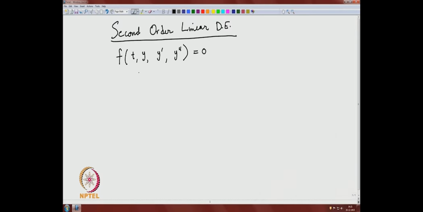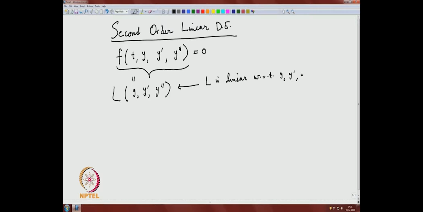But what we are going to see is that, as in the first order case, if you treat this as a function L of y, y prime, y double prime, then we demand L is linear with respect to all these variables, with respect to y, y prime, y double prime.